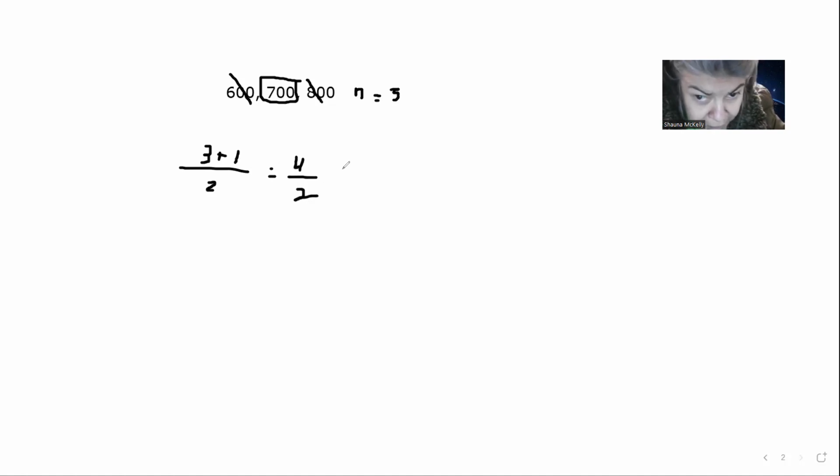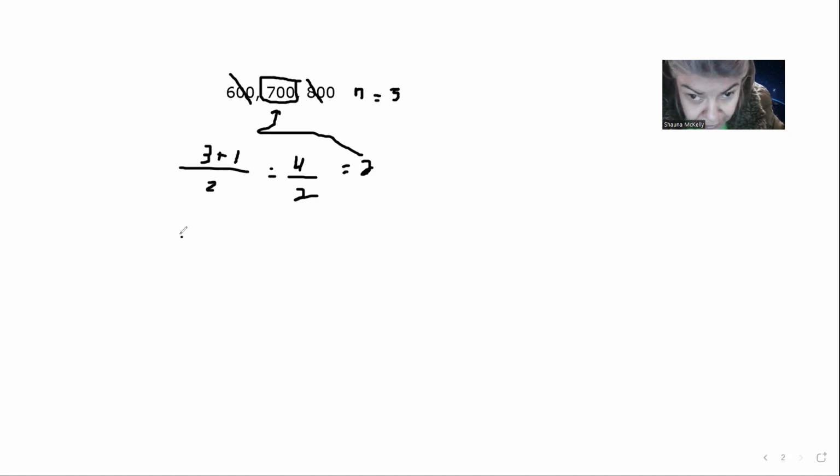And so your location of the median is the second position. This means that in this case, the location of my median is the number that's in the second position, which happens to be 700, which it is. Okay. That works when your list has an odd number of elements.